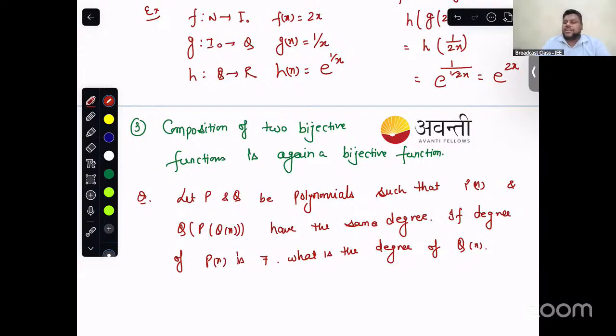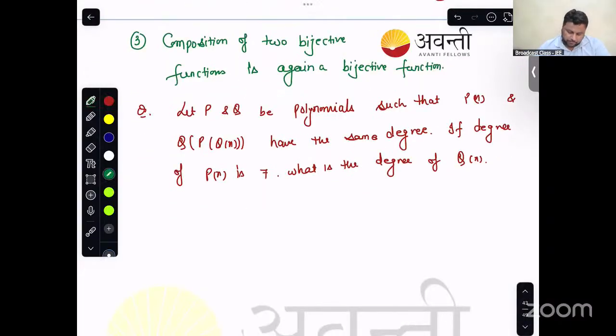Yes, anybody, any idea? See, let Q(x) be of degree n. Got it?